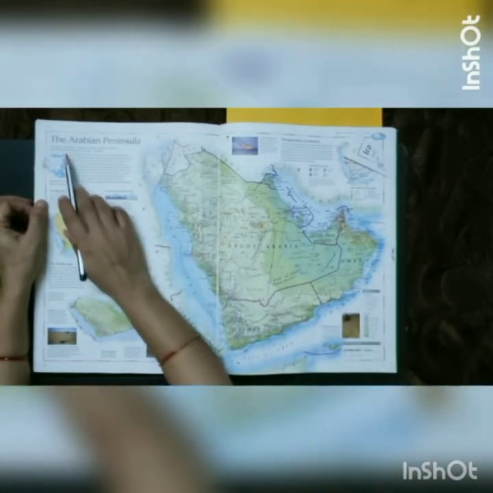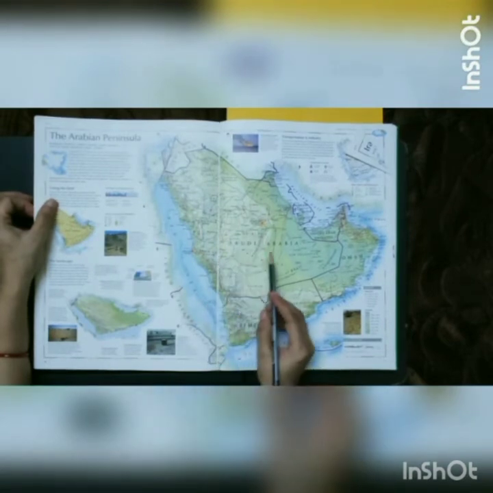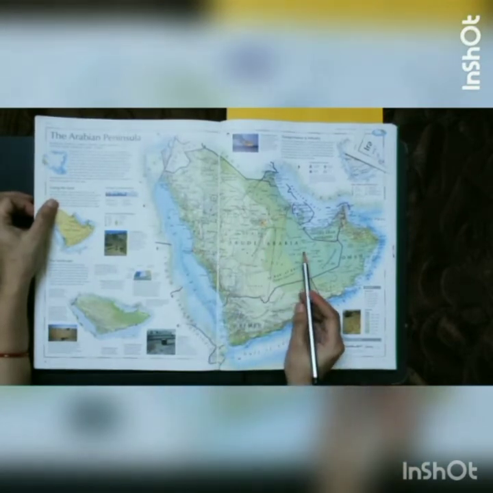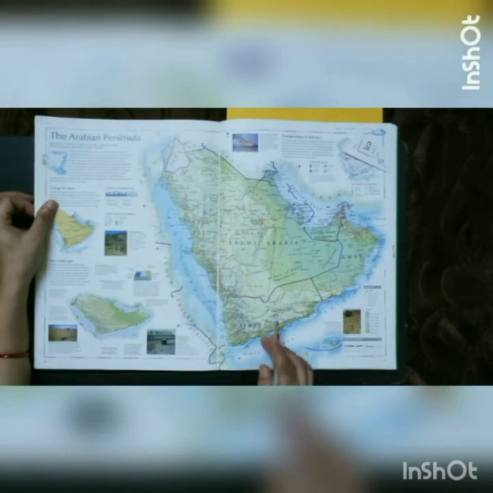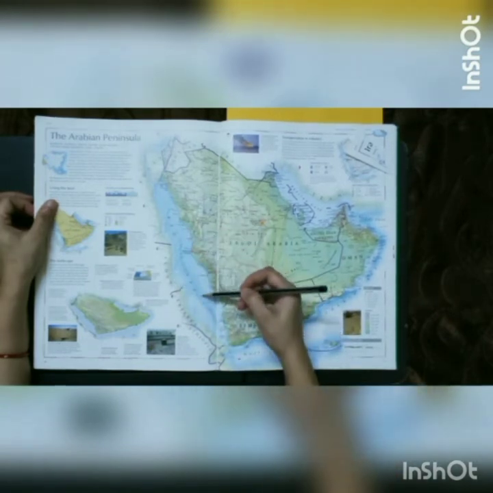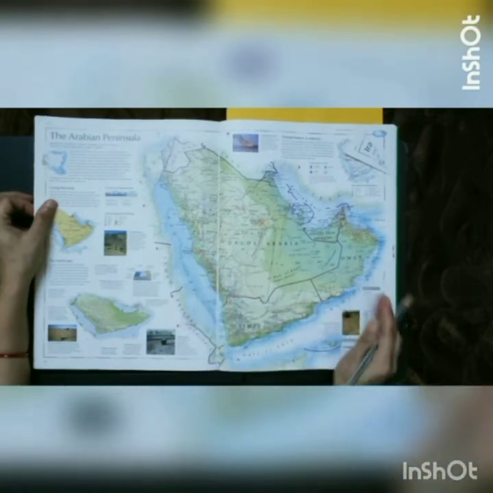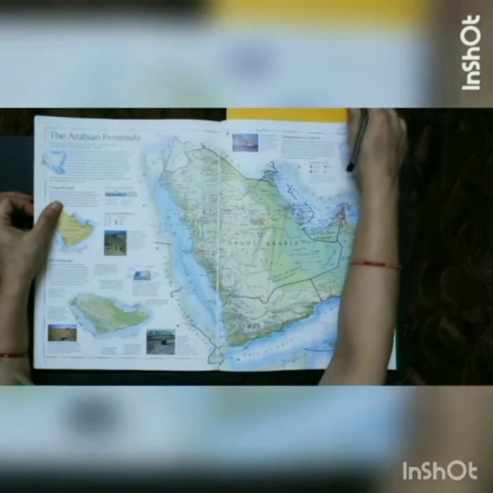You can see the Arabian Peninsula, Saudi Arabia, Yemen, Sudan, then the Red Sea, Oman. Then there are very minute details about all these places also.